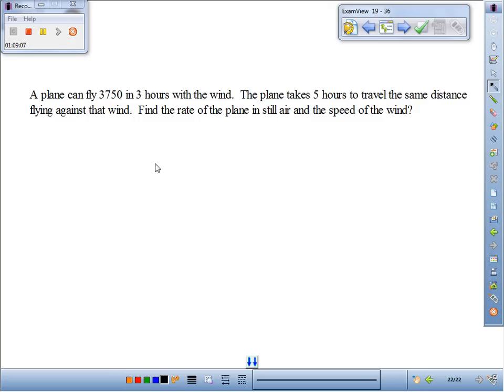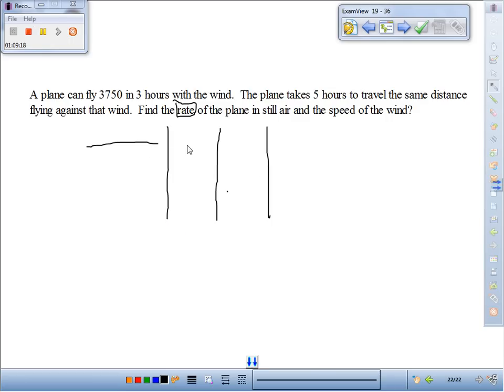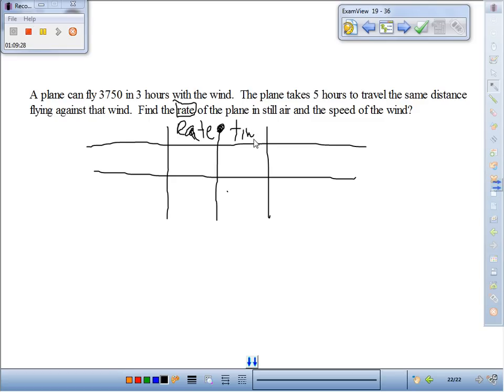So, once again, what is the key word here at the end? Rate. So then we write 3 lines down, 2 across, and this is a rate problem, so it's rate times time equals distance.